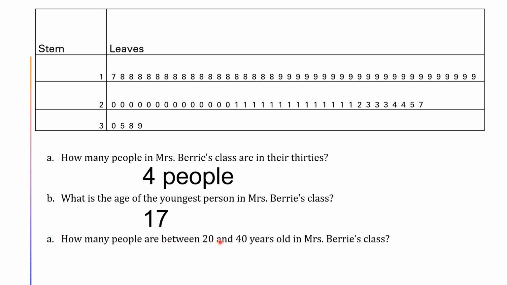And then how many people are between 20 and 40 years old in this class? Starting at 20, ending at 39, we're going to count all these people. Each little leaf represents a person.